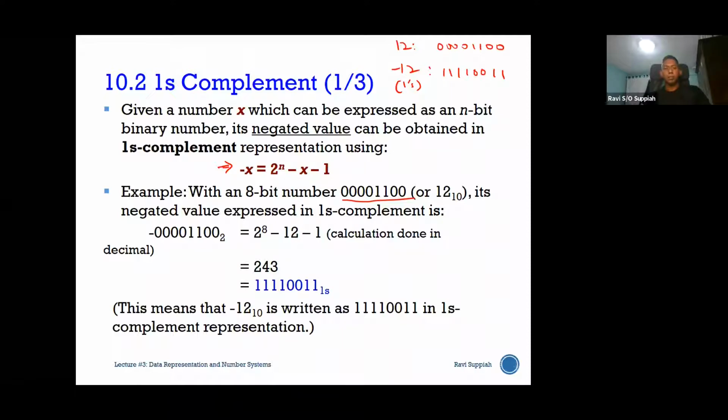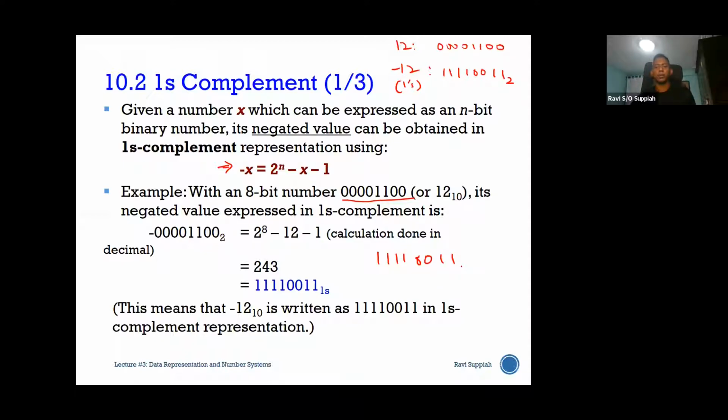And so this 8-bit value, if I were to just use the weighted positional system, and I ask you to find the value of this 11110011, what would you do? Imagine that you never see any of these slides, and I just give you this binary bit pattern and ask for the decimal equivalent.